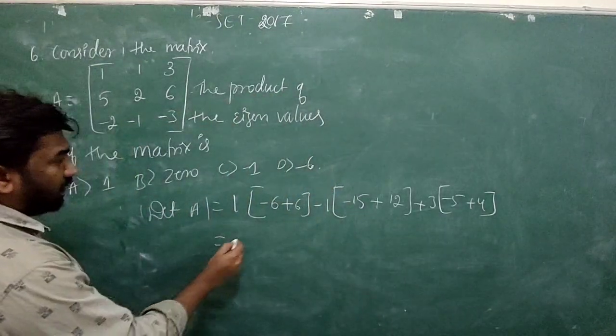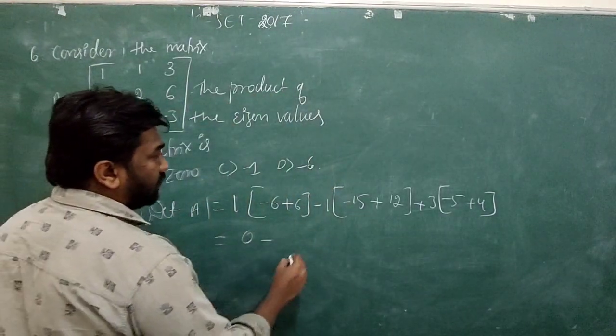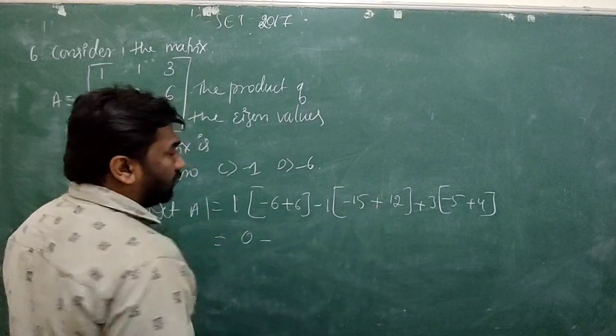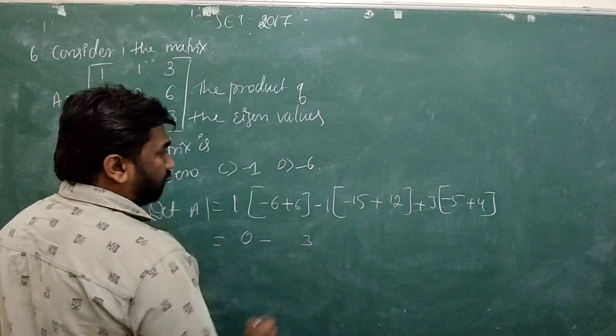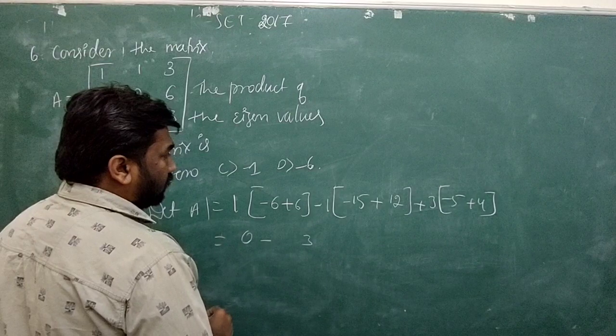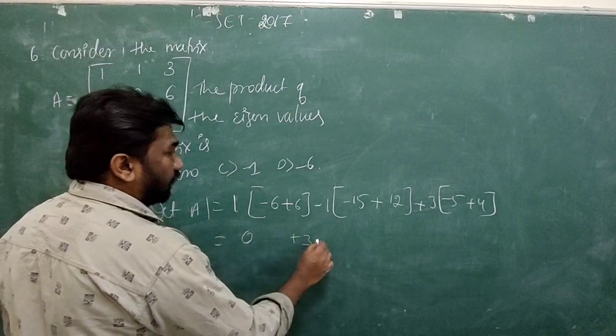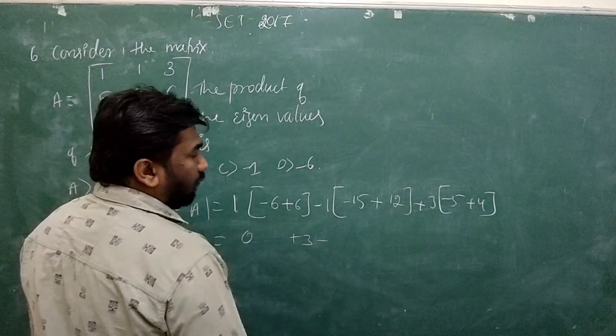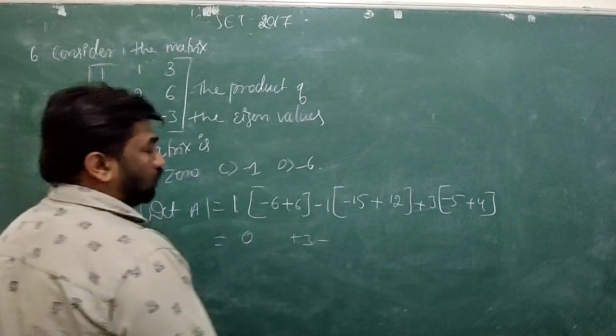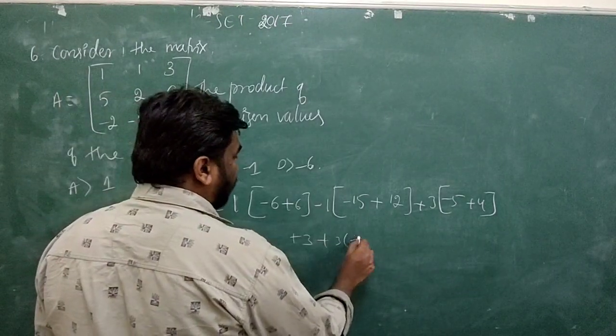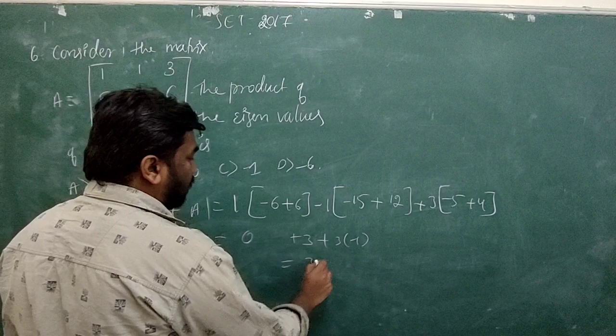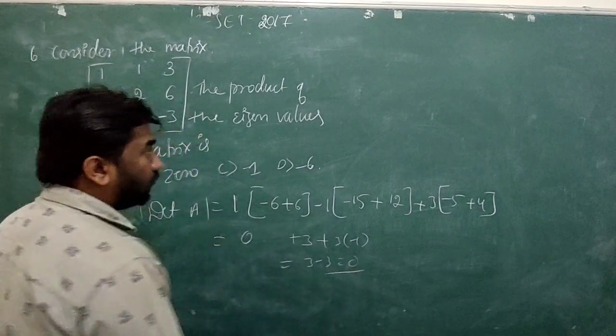So answer is 0 minus 15 plus 12, 3. Okay, so minus into minus plus 3. Next here minus 5 plus 1, so minus 1, so plus 3 into minus 1. So answer is 3 minus 3 is equal to 0.